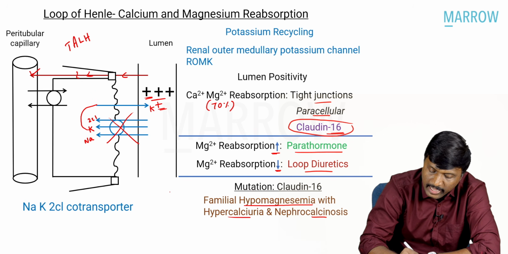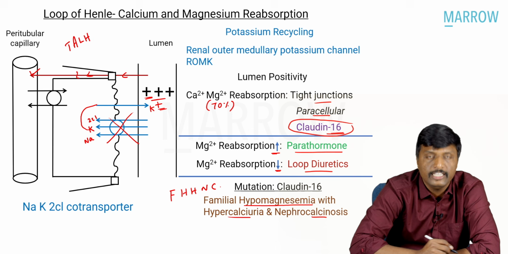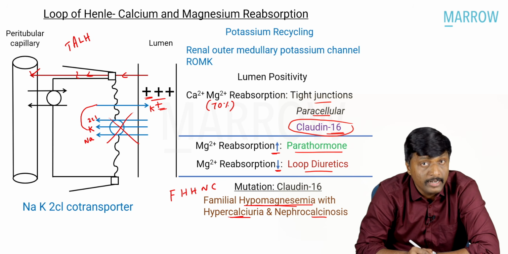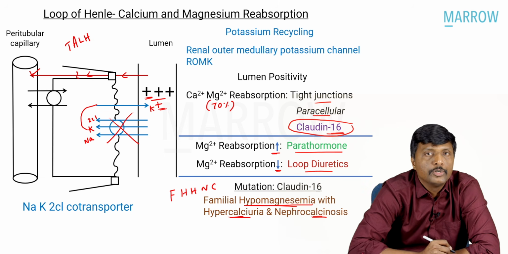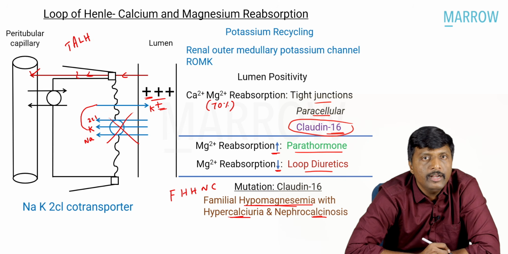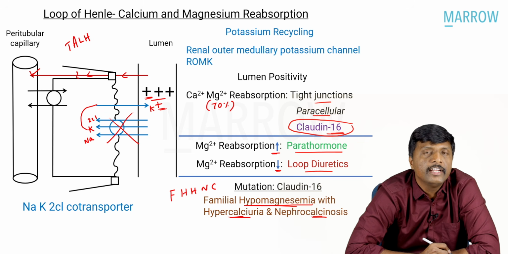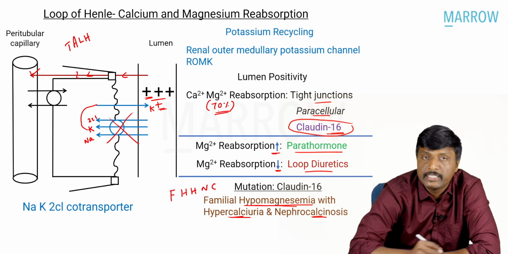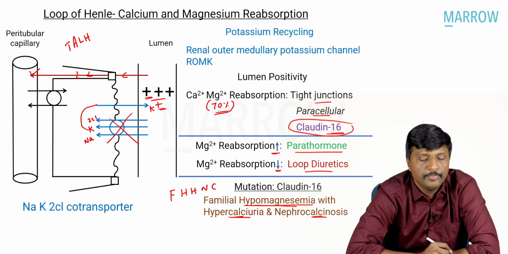We call this FHHNC. Familial hypomagnesemia with hypercalciuria and renal stones, nephrocalcinosis, because of claudin 16 mutation. Remember, magnesium reabsorption is regulated at the level of the kidney, thick ascending loop of Henle, 70% magnesium reabsorption.